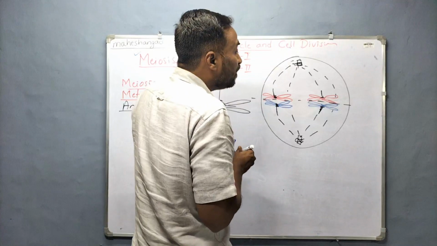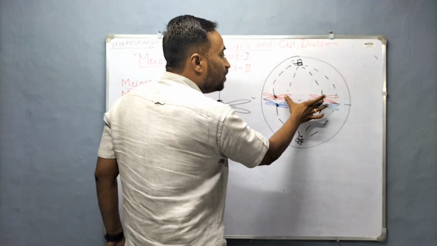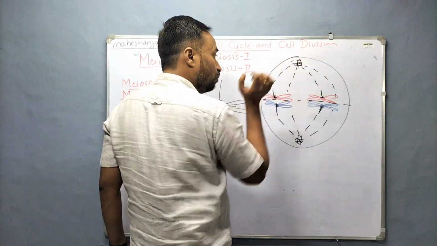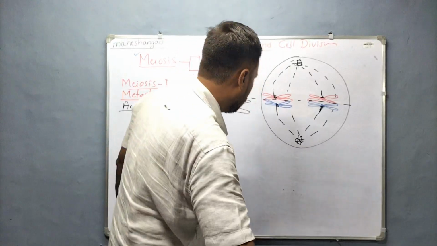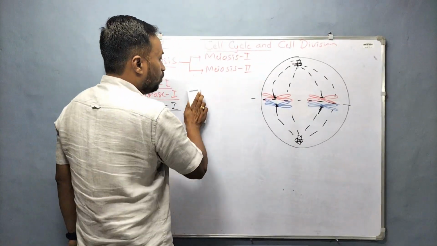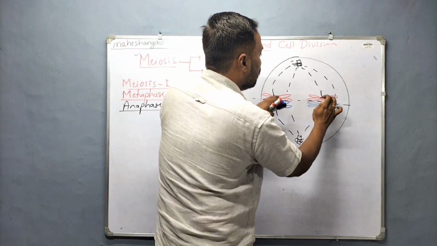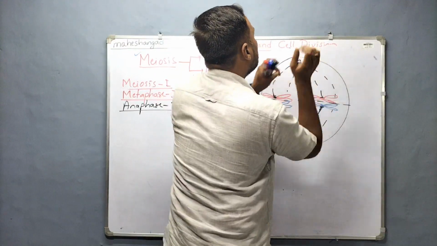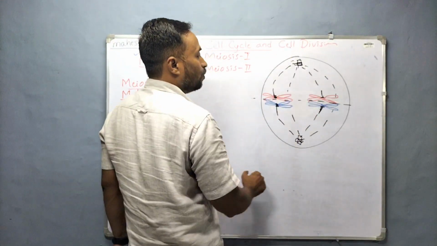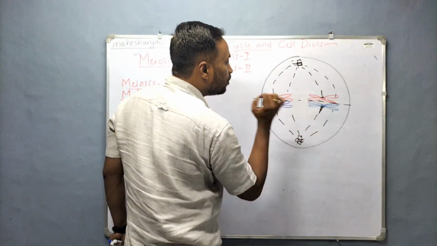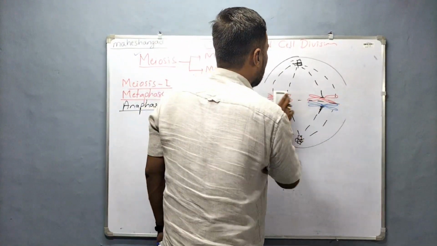Here the centromere is not splitting. Instead, half of the chromosomes move towards one pole and half move towards the opposite pole. One of the homologous chromosomes moves towards one pole. Let's say the red colored chromosomes move towards one pole and the blue colored chromosomes move towards the opposite pole. This is how anaphase appears.